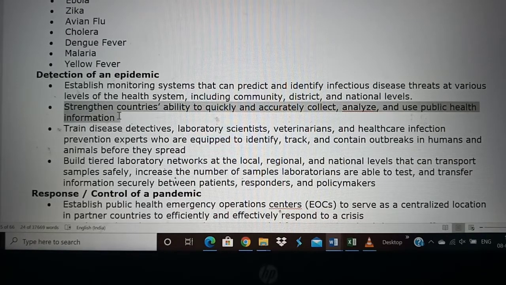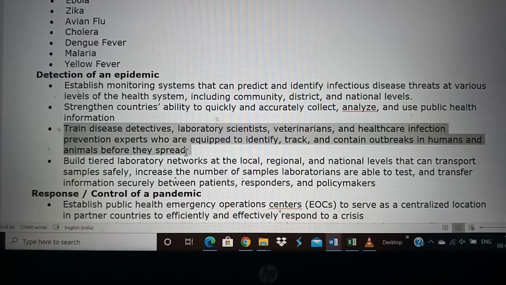Countries' ability to quickly and accurately collect, analyze, and use public health information should be strengthened. And then lab scientists, veterinarians, health prevention experts, they should be able to identify and contain outbreaks in humans and animals before they start spreading. So people have to be trained.